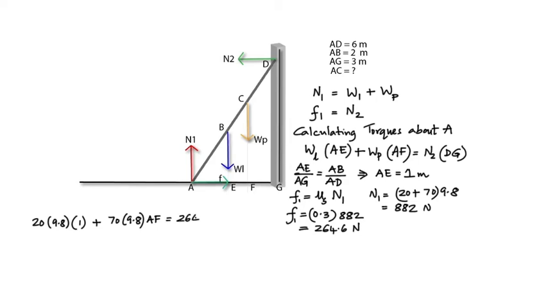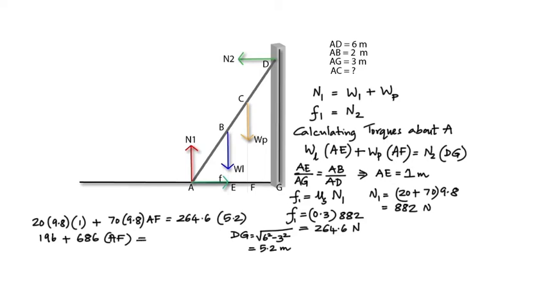So we do not know AF. So that's equal to 264.6 times 5.2. So DG is 5.2. Now DG is 5.2 from this right angle triangle because you're given AD and AG. Okay, so that's how we get 5.2. Here, DG is square root of 6 squared minus 3 squared, which gives you 5.2 meters simply by taking the squares of the sides and adding them to get the square of the hypotenuse.